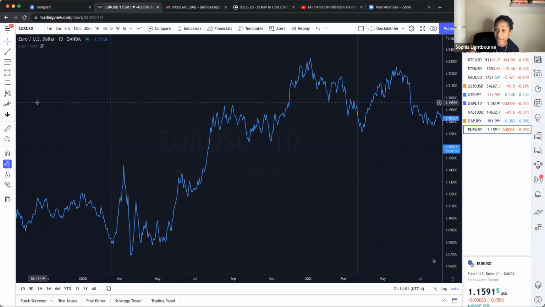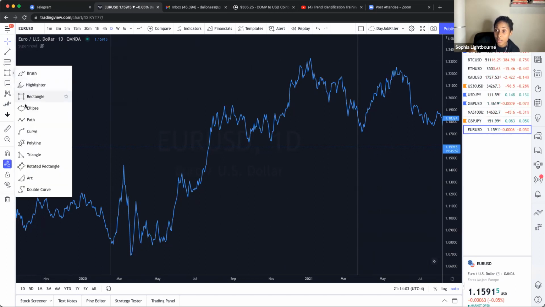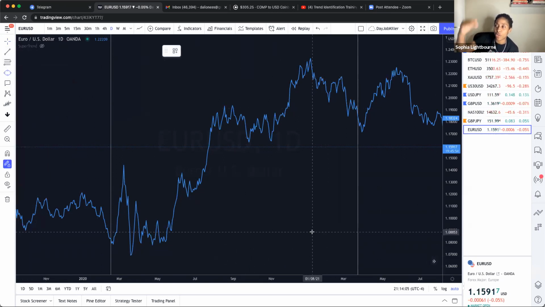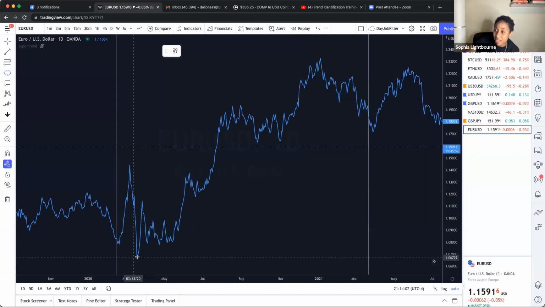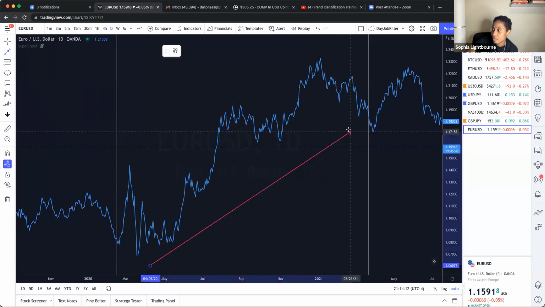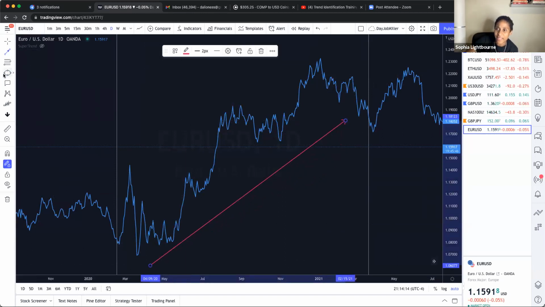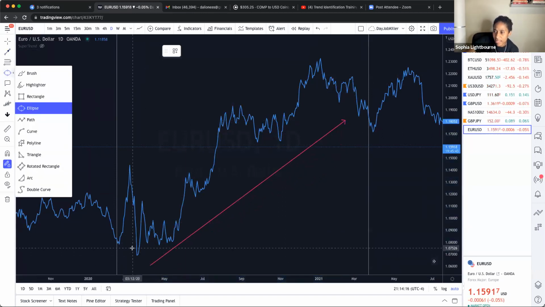And here's how you identify it, guys. We're gonna look for all of the valleys or the peaks in the market. So this to me looks like it's going up. If you start down here, it's going in this direction. And here's how you confirm that. So this is a little peak.